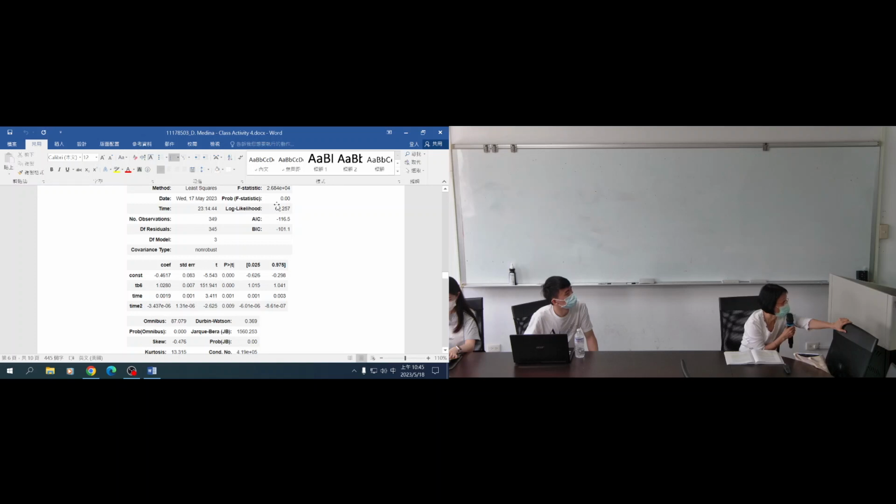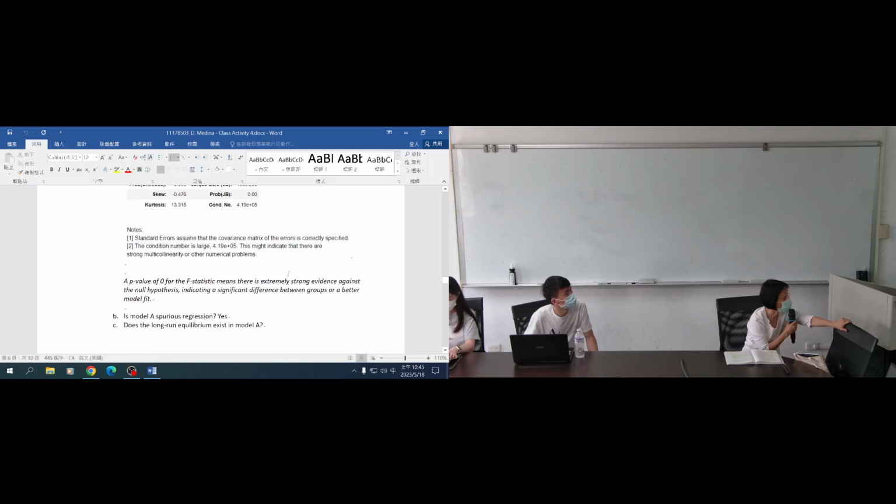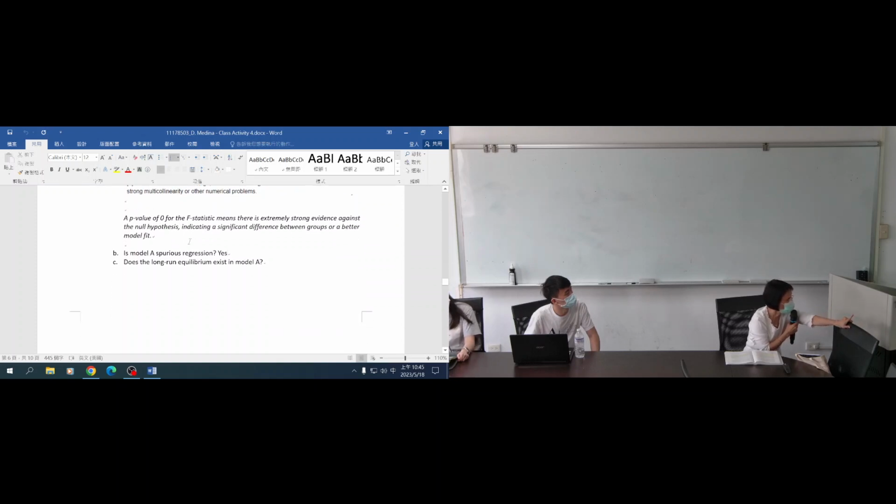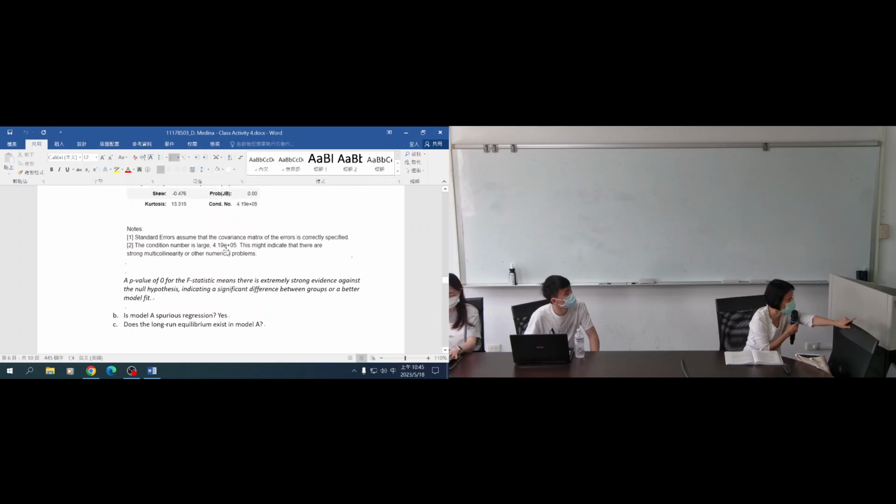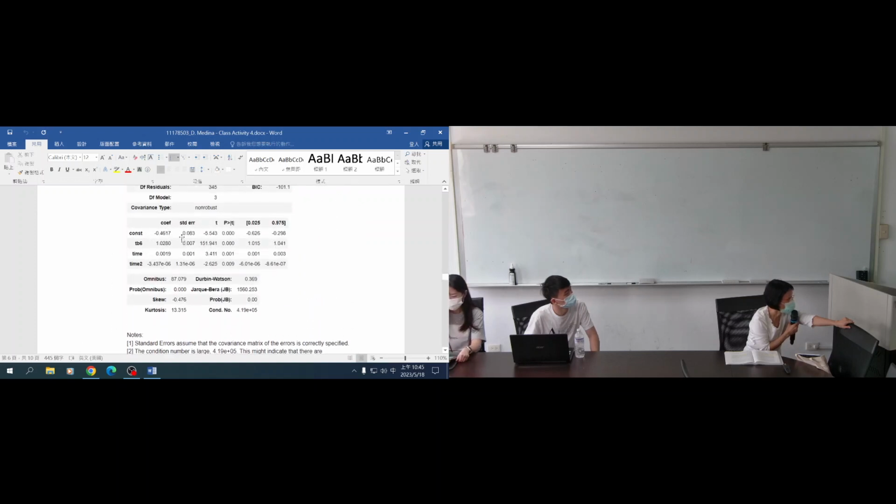And this means strong evidence against the null hypothesis, which indicates significant difference between groups, meaning this model is a good fit. Then, is model A a spurious regression? Oh yes, Professor, since these values are 0 as well. No.